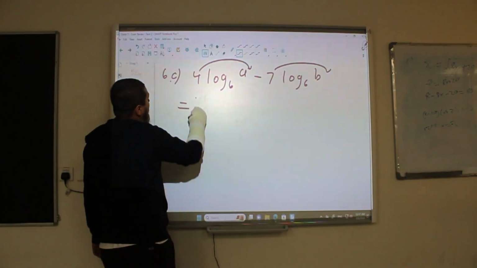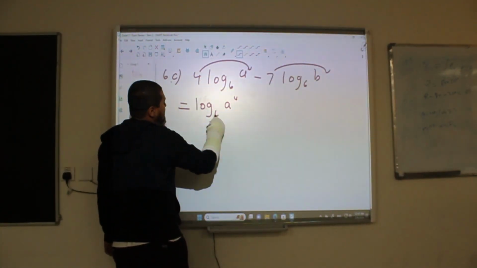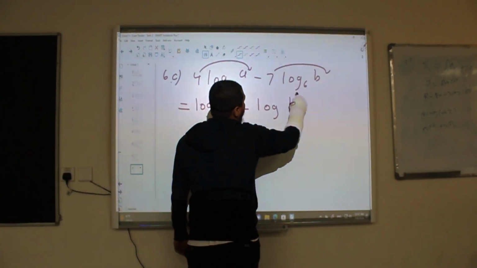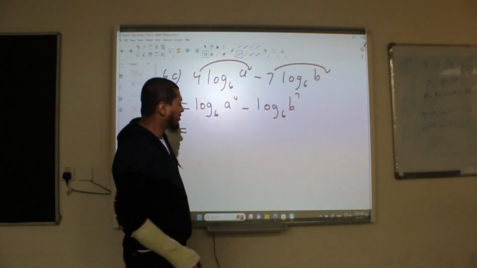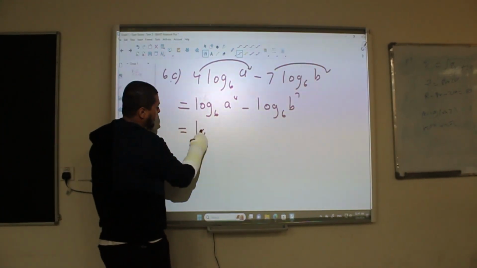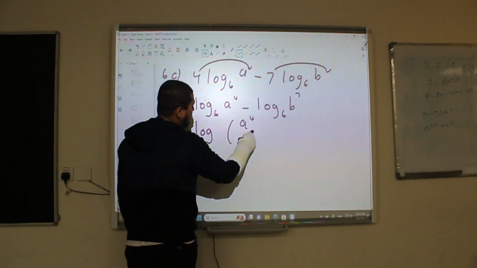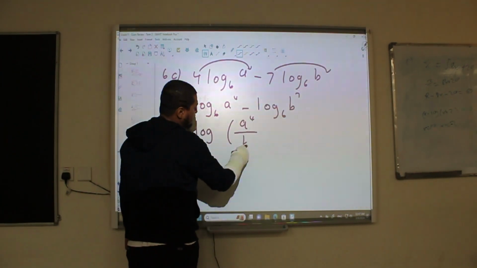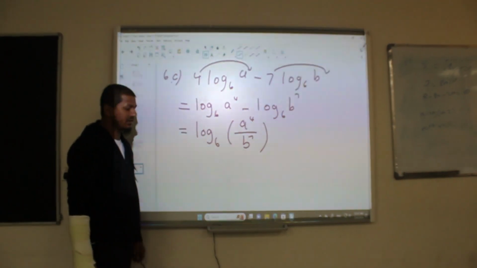And we'll say this is log a to the power 4 base 6 minus log b to the power 7 base 6. Because we have subtraction of logs, we can divide. Log of a to the power 4 divided by b to the power 7, why divided? Because it's negative, and we have base 6, and that's my final answer.